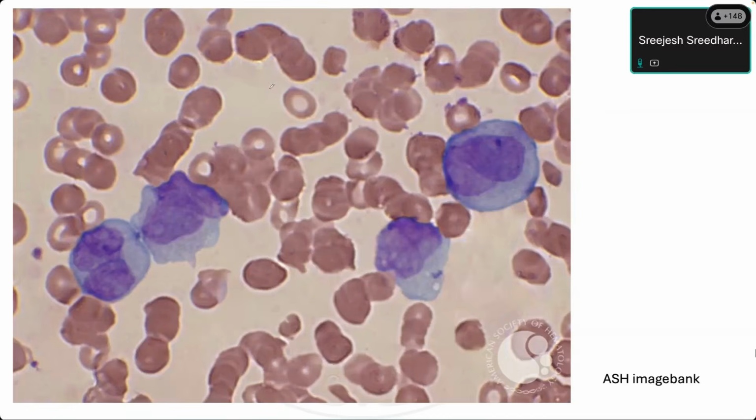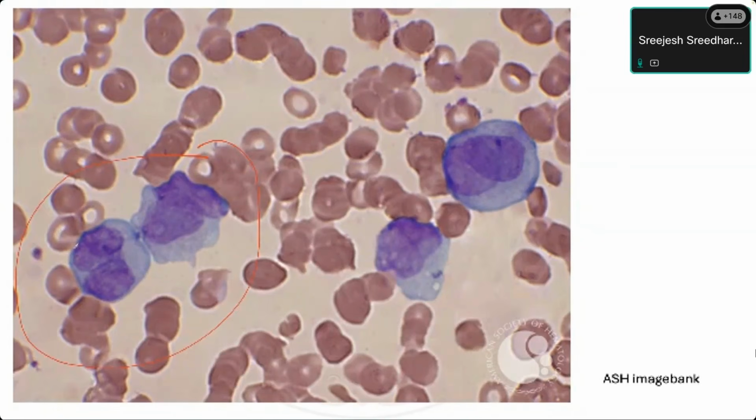What about this? Buttock shape. Yes. Please define what is the diagnosis here. Microgranular variant of APML, right? On MPO, it will be strongly positive, but in routine Romanowsky stain, these granules are not well highlighted.